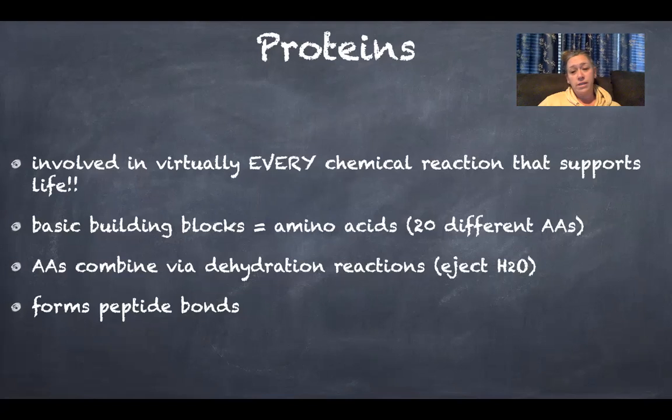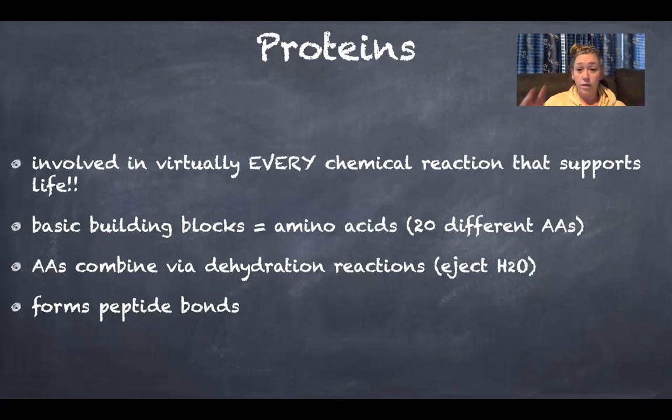So amino acids are the basic building blocks of proteins. There are 20 different amino acids that we can pick from. It's kind of like the alphabet, right? I know there's 26 letters in the alphabet, but there are 20 amino acids, and we pick from all of them and we put together these amino acids in a chain to make a protein.